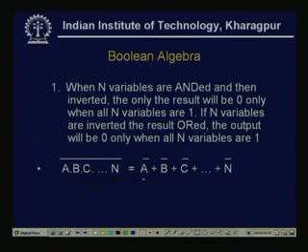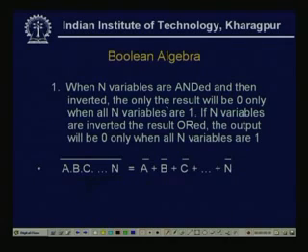And when A is 1, that means all the variables are 1, meaning each individual term will be 0, and then 0 plus 0 plus 0. This is the only case of the n input OR gate when it generates a 0 output.